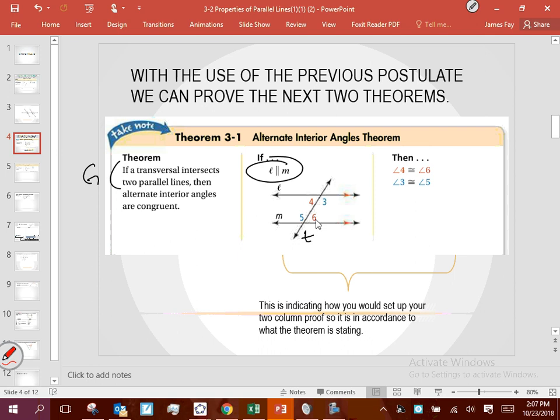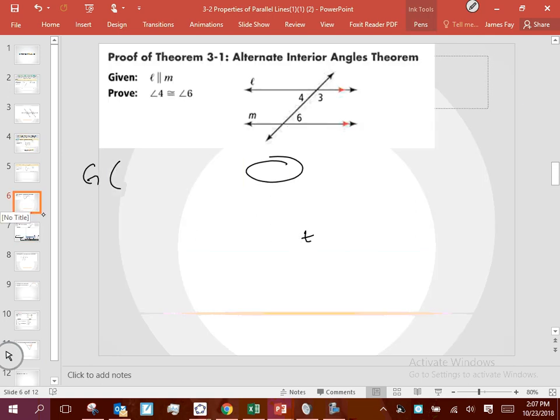If I can prove 4 and 6 congruent, I have proven alternate interior angles are congruent, right? Well, 4 and 6, and 3 and 5, they're alternate interior. So just proving one set of these is enough to prove that both sets are congruent. Does that make sense? So we set our proof up using that idea. This is what we're looking for as our given in our proof.